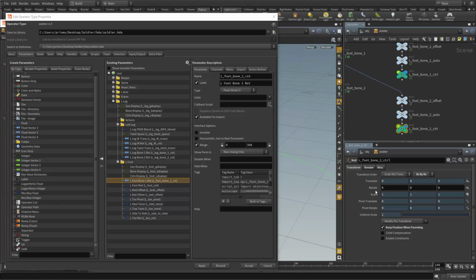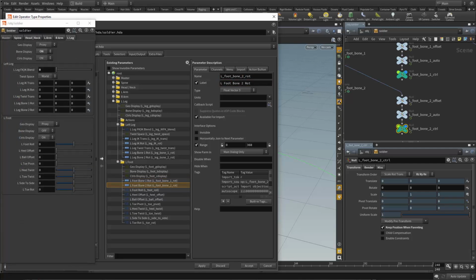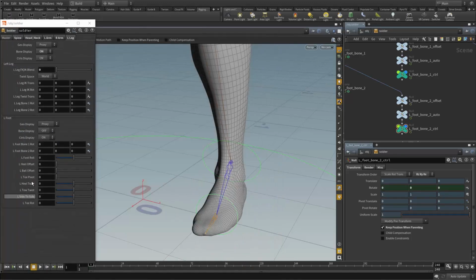And left foot bone 2 control. We can copy that. Hit apply and accept. Now we have our full parameter pane for our left leg.